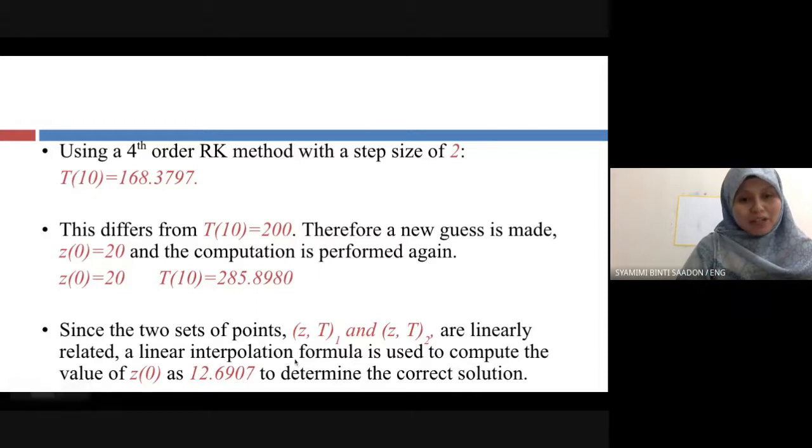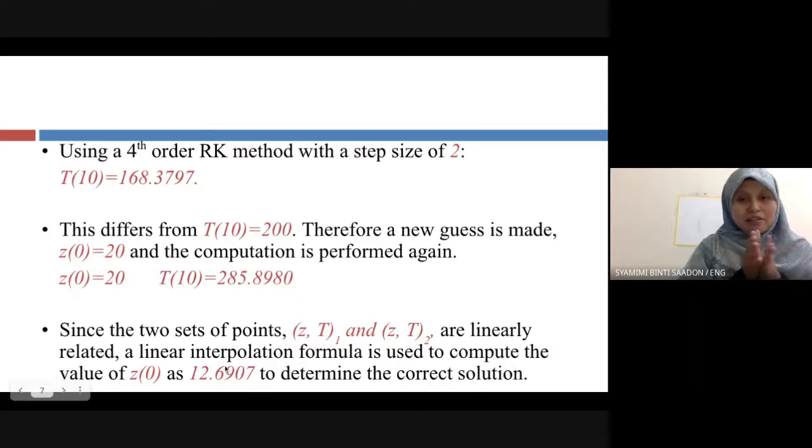So by interpolation, we have these two solutions, 168 and 285, and we interpolate to find the correct point. By doing the interpolation, we have Z0 equals 12.69, or 12.7.